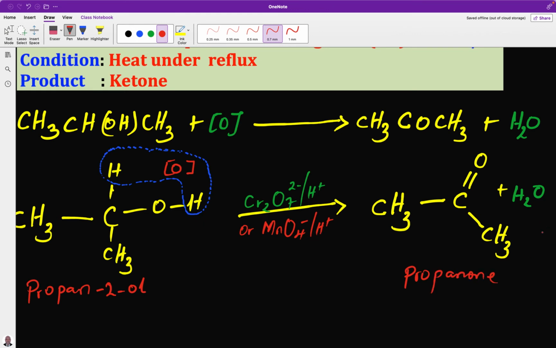Then a molecule of water is also produced, this water here.